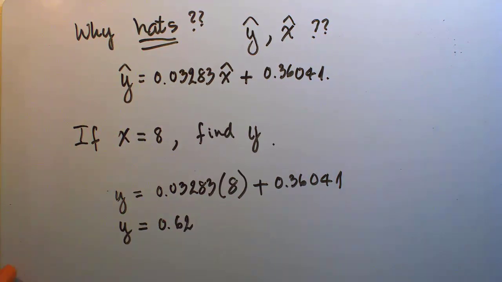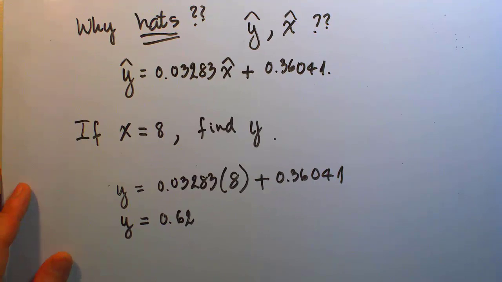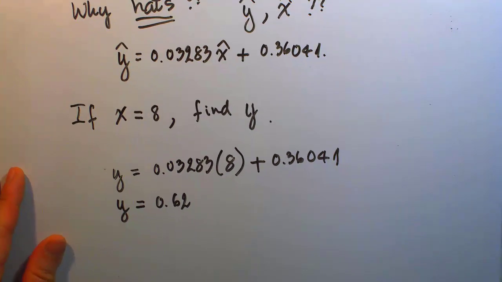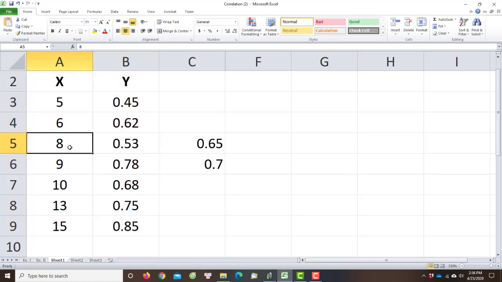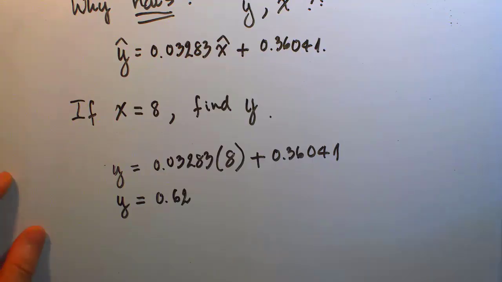But before I even proceed into doing this, there was already another option. If you notice, have a look into the data once again. The data itself does indeed have the value x equals 8, and the y value that was recorded together with the x value 8 there was 0.53.